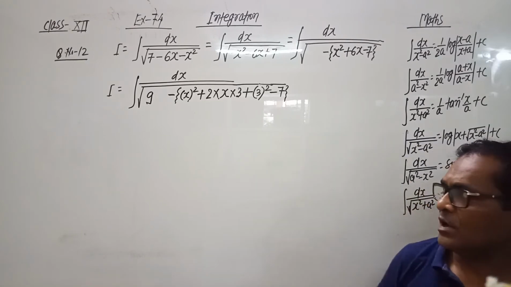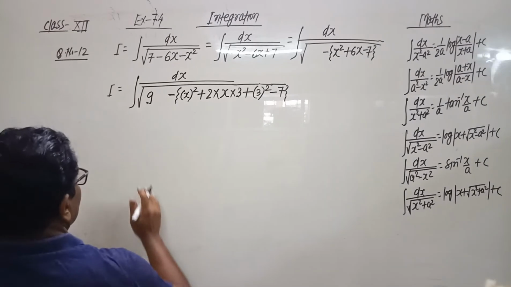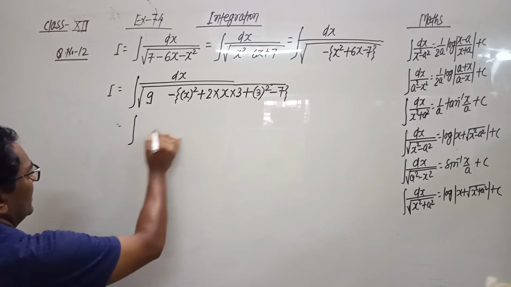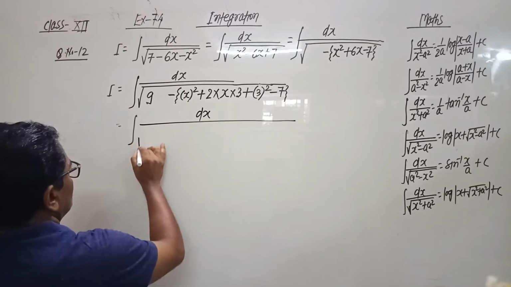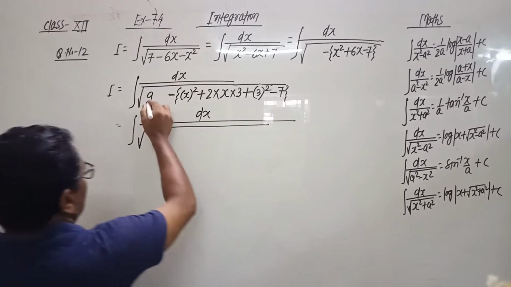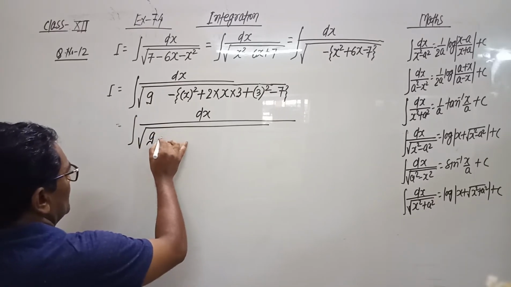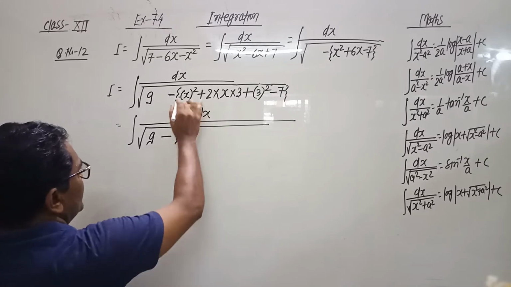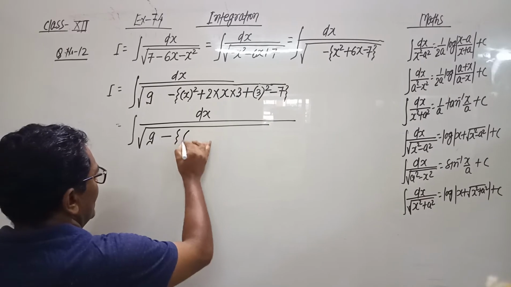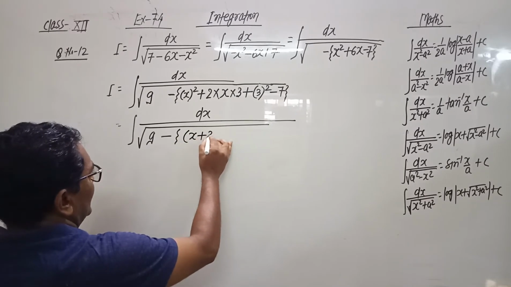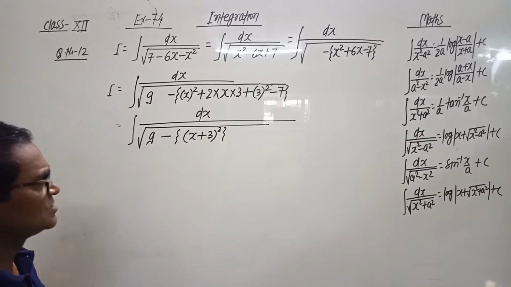So what will we do? We will add plus 9 in the beginning. Then this expression becomes integration dx upon square root of 9 minus these 3 terms: x square plus 2x into 3 plus 3 the whole square, written as (a plus b) the whole square, meaning (x plus 3) the whole square.